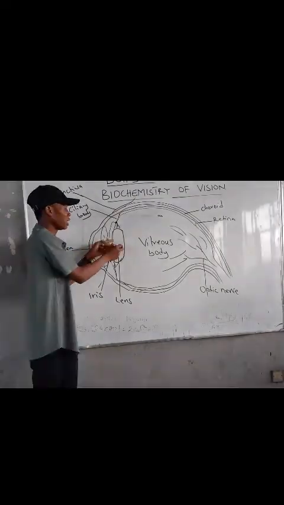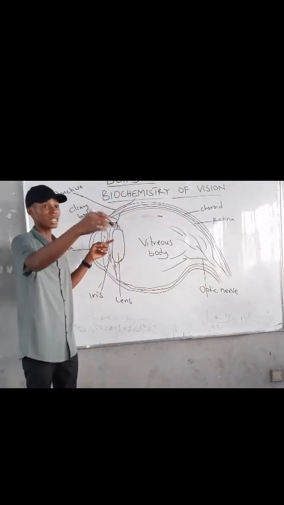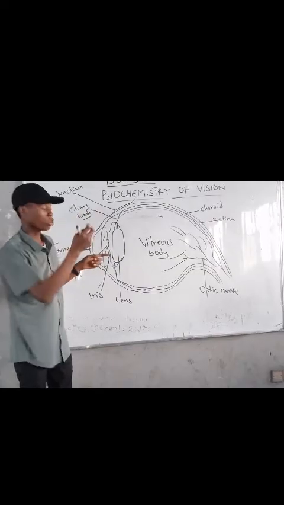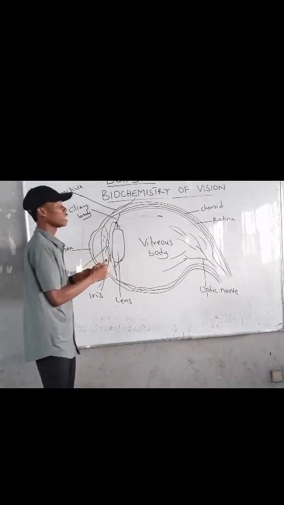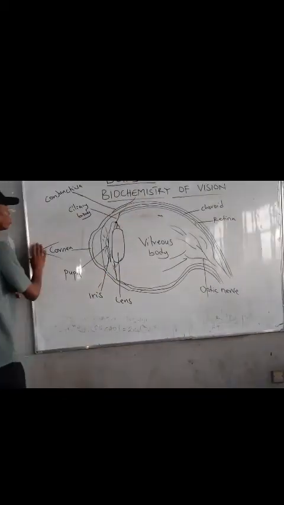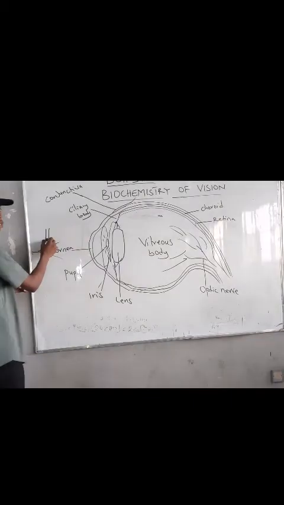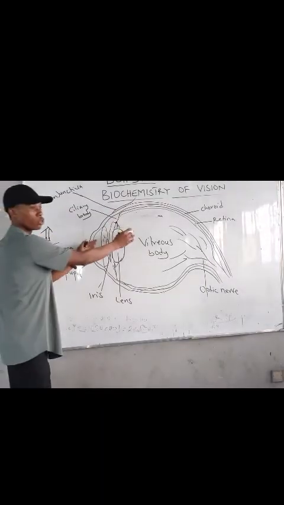Now, as the light hits, because as I'm seeing you here, you are nothing but what? Light. Yes. As the light from you hits the lens, since this is a convex lens, it will be turned upside down. So if I have an image here, let's say this is you, standing in front of me.